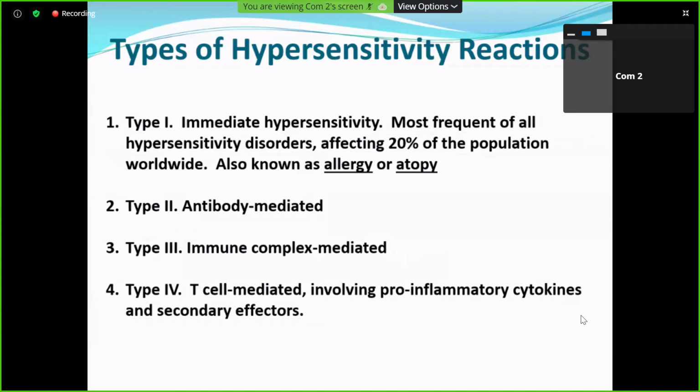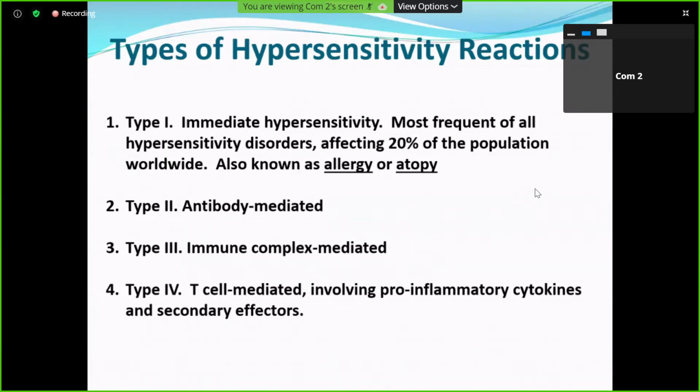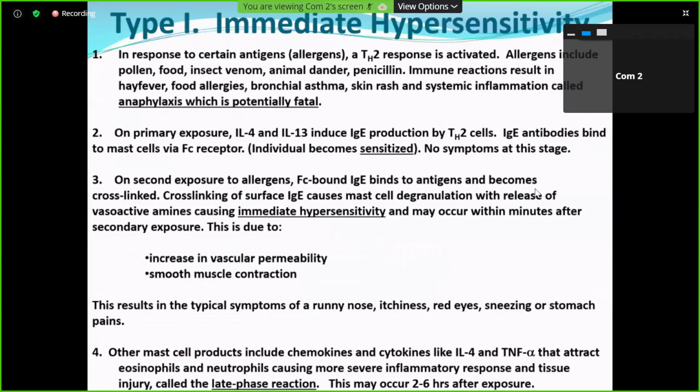So we'll start with type 1, the allergic reaction. And I don't know, some of you in the class might have allergies, allergic to pollen, to the fine dust in the air, to various foods. And if you are known as being atopic or allergic. We don't really know why some people suffer from these.